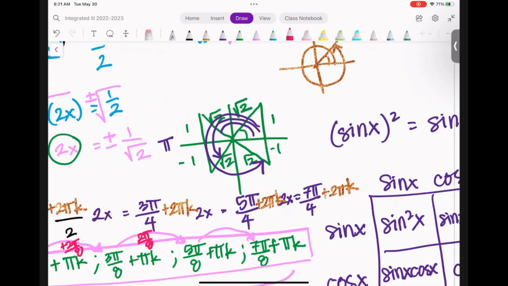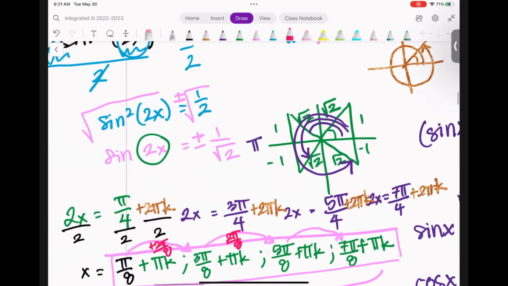You could have also used sine inverse of 1 over root 2, and it would have given you 45 degrees, which would have told you pi over 4, right? It's the same. But I prefer to draw your triangle. Recognize that it's a pi over 4 triangle kind of thing.